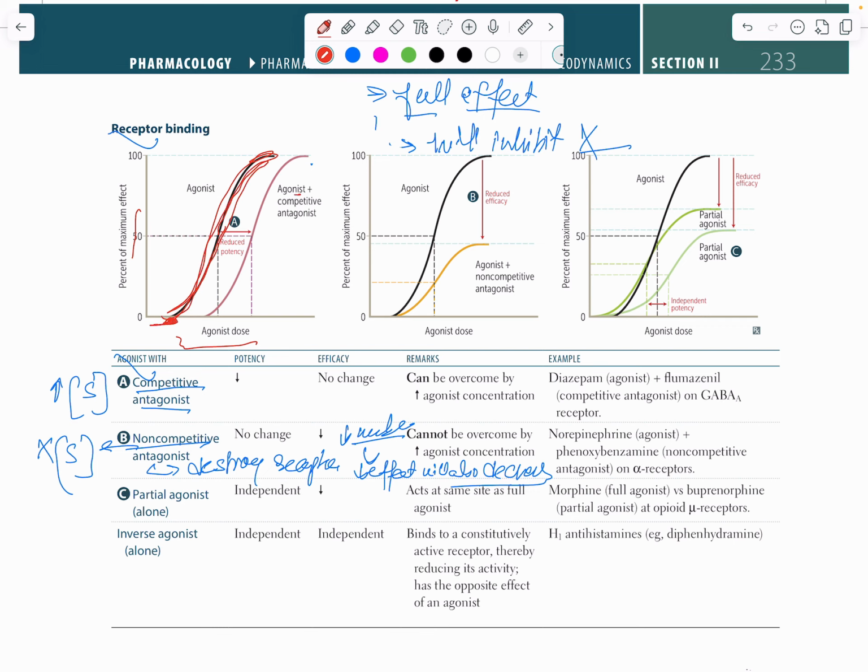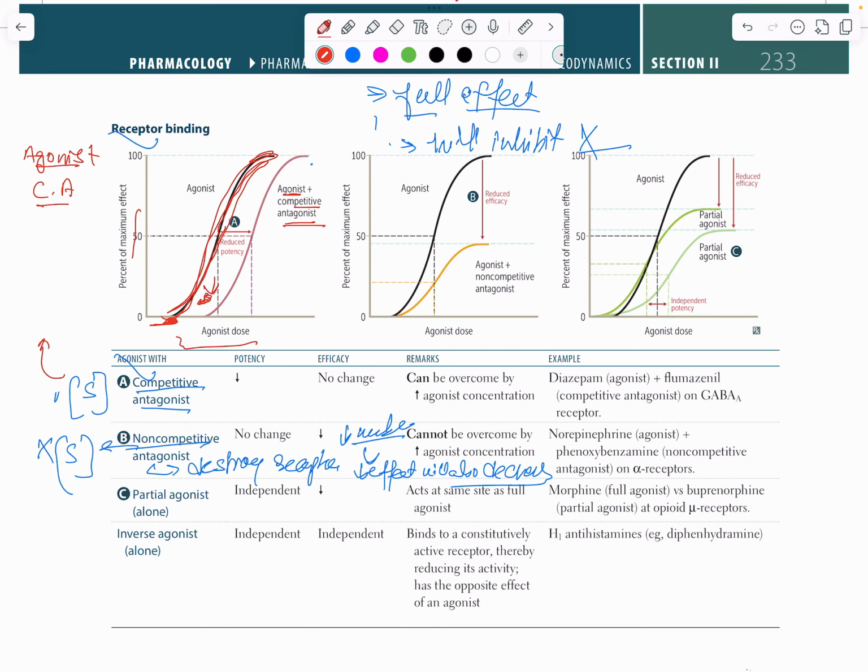But if you are giving the agonist with a competitive antagonist, then what will happen? I already told you the competitive inhibitors will be removed. First, when you give the antagonist, the effect of that drug will be stopped.